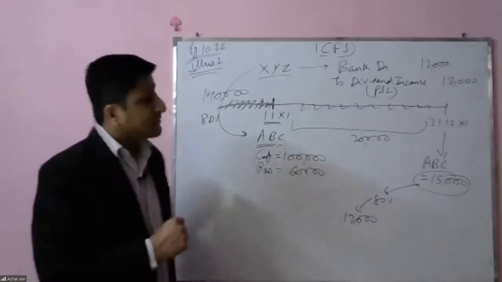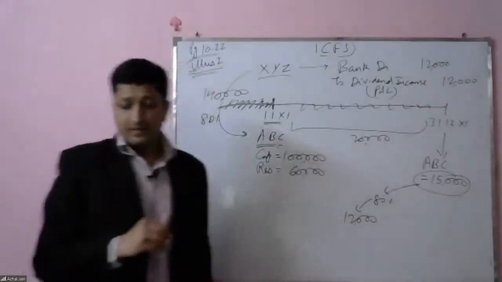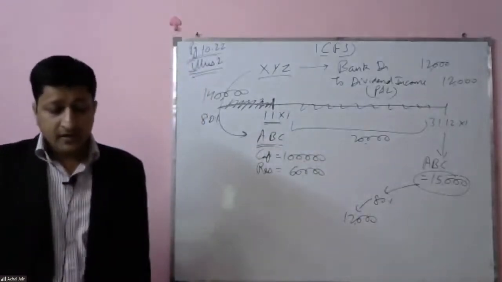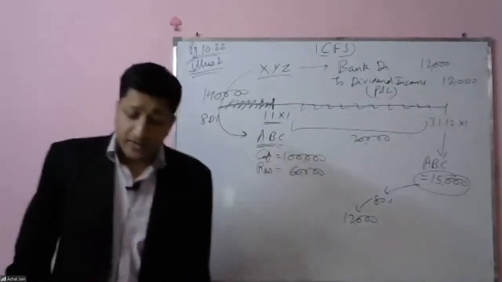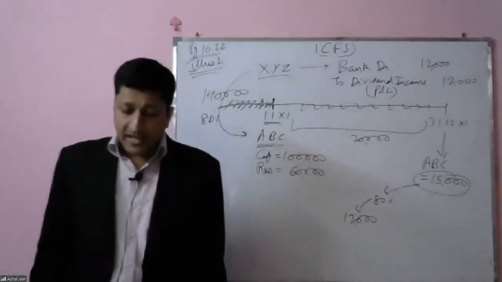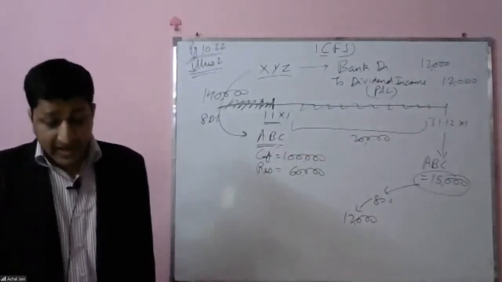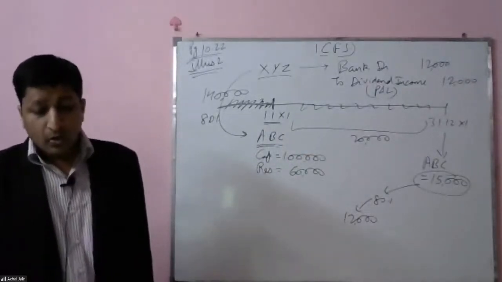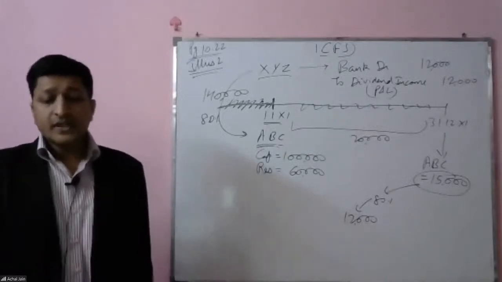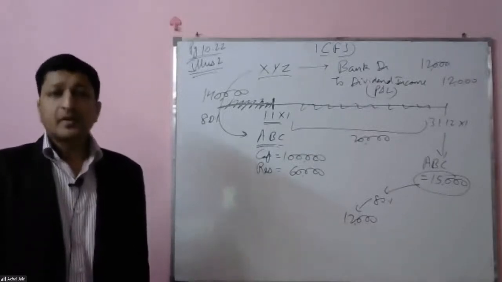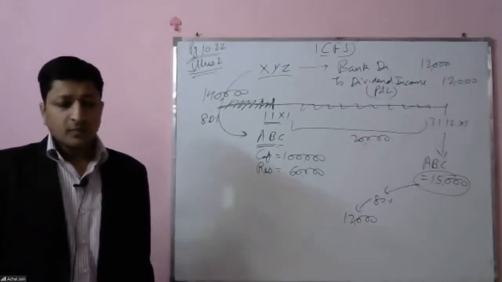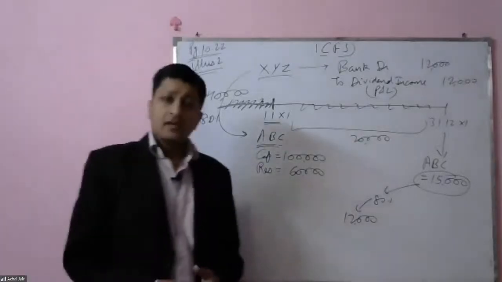Now, what's the next thing which is required to be done? Next thing the question asks, what is the amount of minority interest as on 1st of January X1 and 31st December? Also check if there should be any goodwill or capital reserve. Now, this is easy to do. Simple.